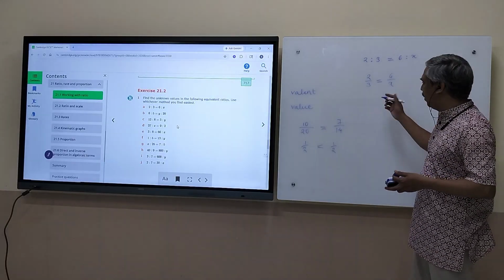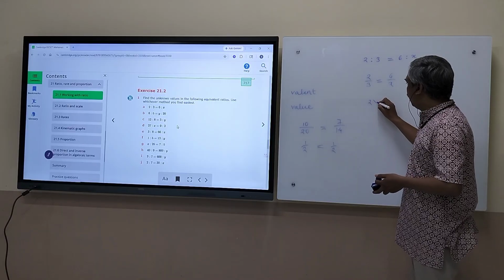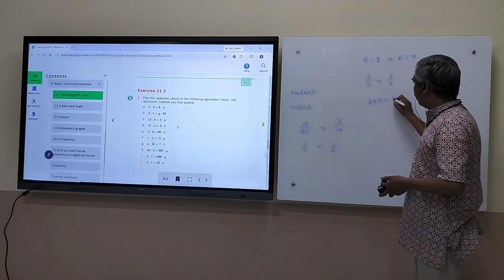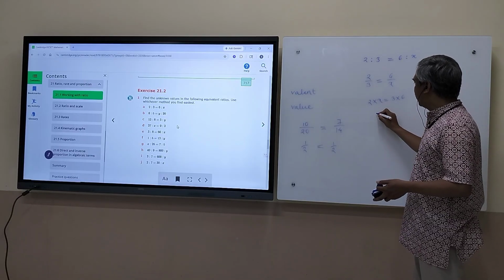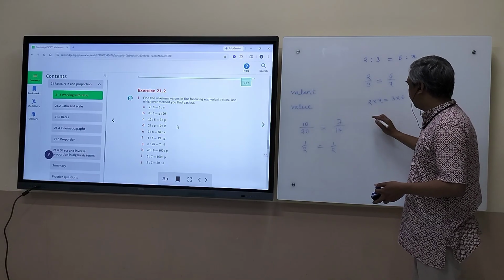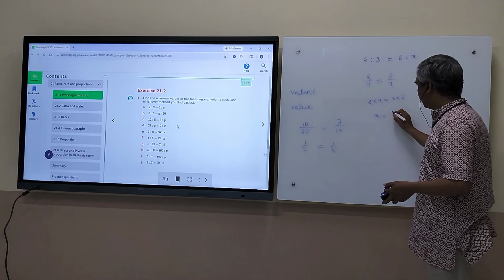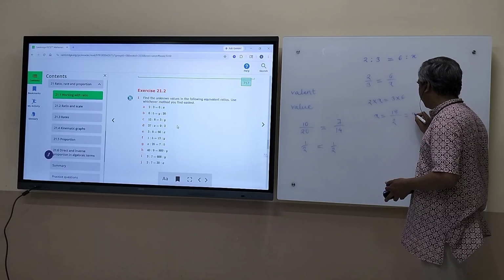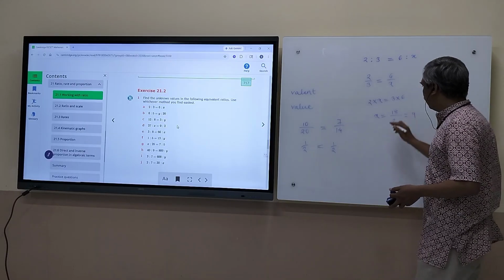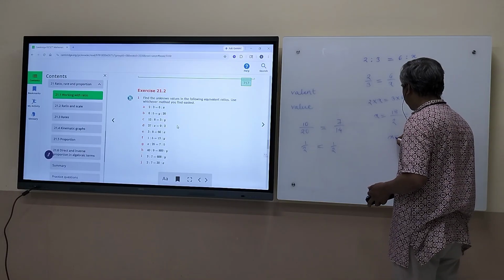Any correct mathematical operation will give you the answer. 2 into x is equal to 3 into 6. We just cross multiply, and then x is equal to 3 into 6 is 18, divided by 2, and we get 9. So the value of x is 9.